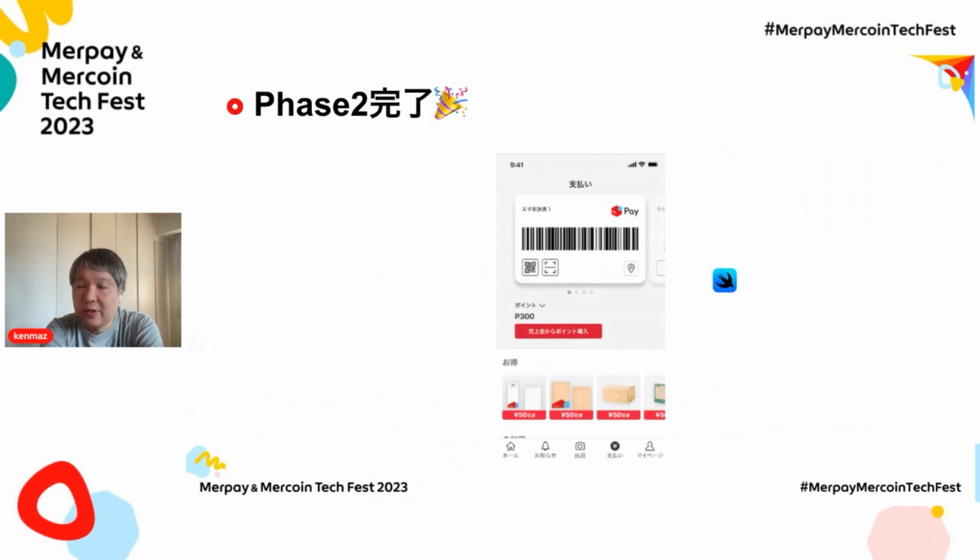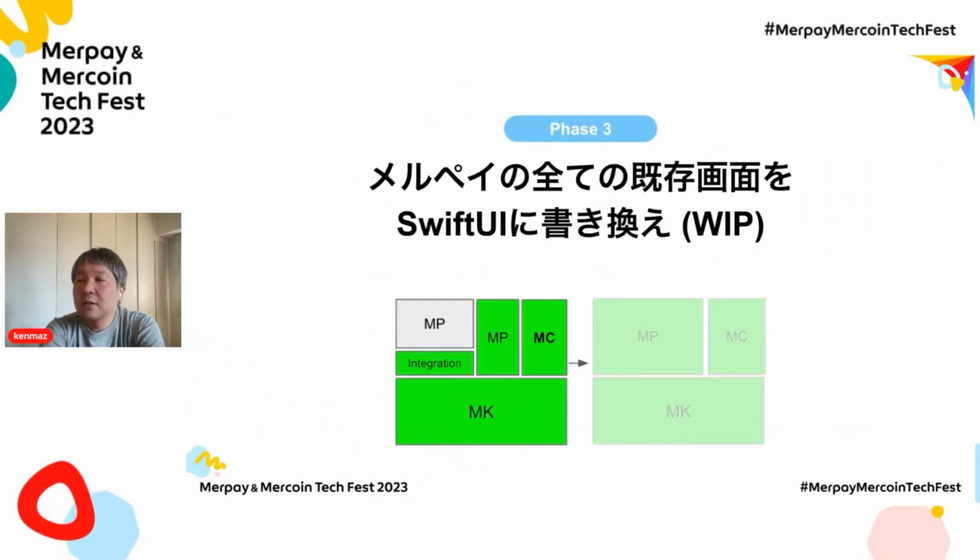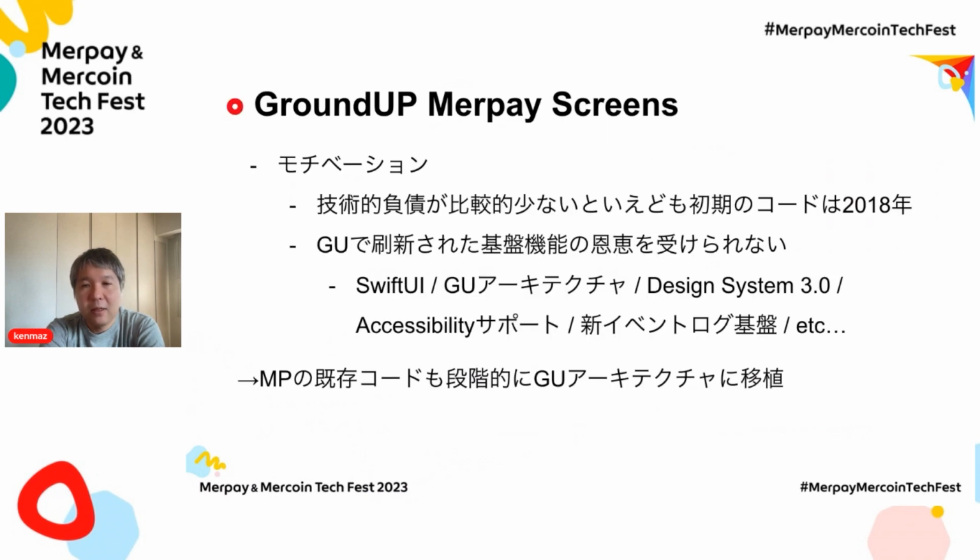On top of that, the Merpay top screen became 100% SwiftUI. Having said that, the remaining Merpay specifications and existing screens are still WIP, and we are still working on this now. All the existing screens of Merpay will be rewritten in SwiftUI, and that is phase 3 of this project.